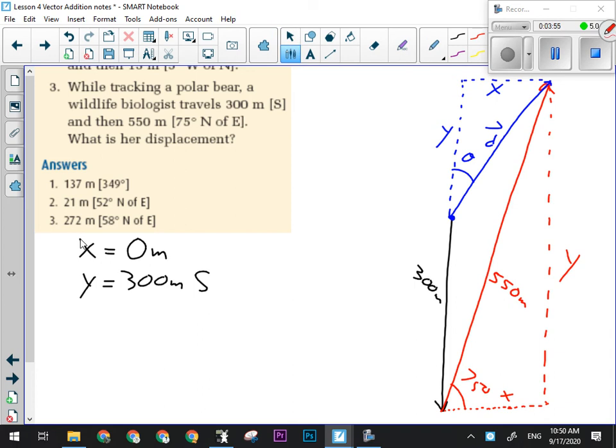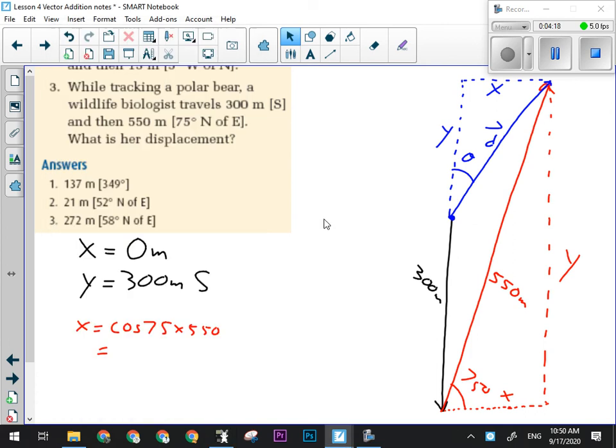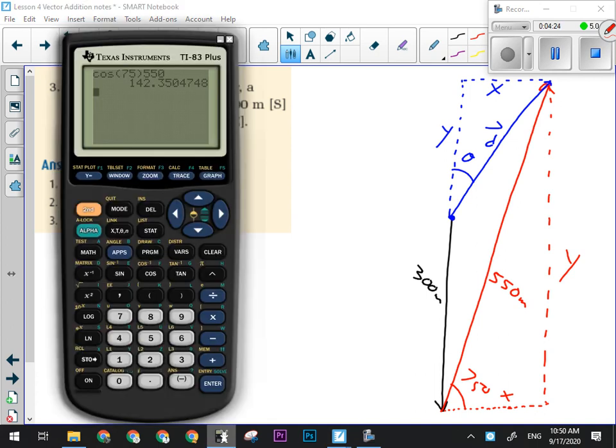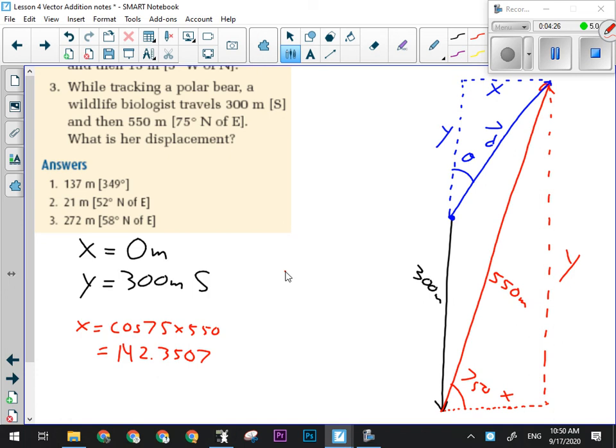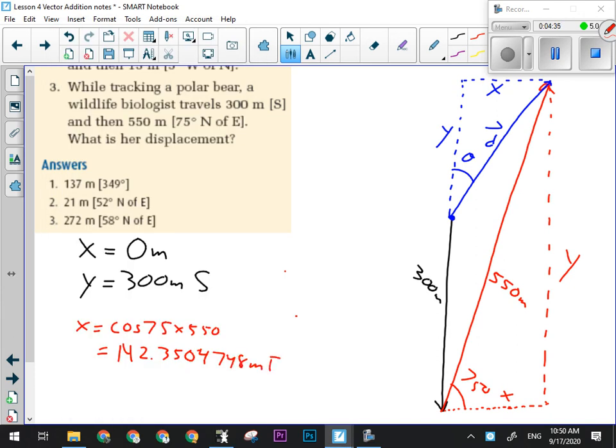For the red triangle, I do have to do a little bit of math. Okay, x is adjacent to that 75-degree angle, so it'll be the cos of 75 times 550. Just like we learned yesterday. All right, so cos of 75 times 550 is going to give me 142 meters east.